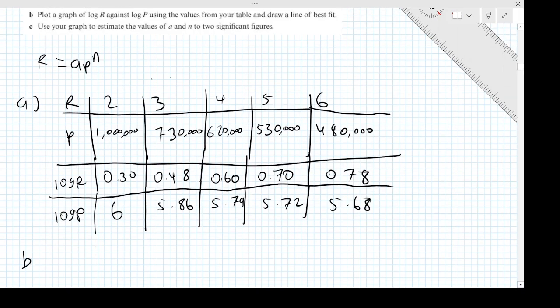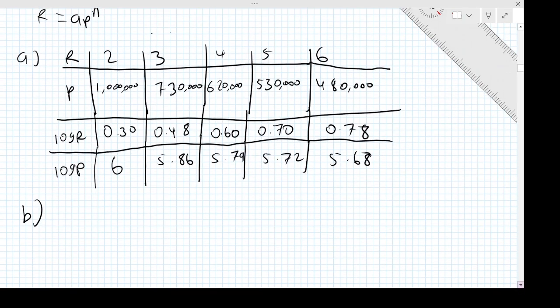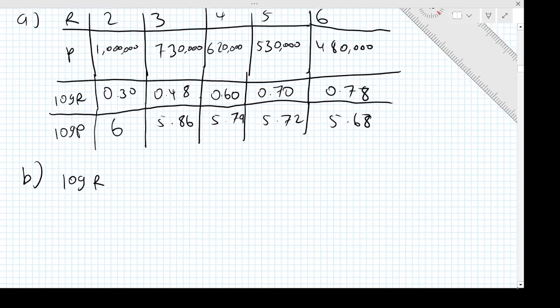Then part B is to sketch the graph of log R against log P. Firstly we've got our table values. Log R is going to be on the top here, and it goes from 0.3 to 0.78.